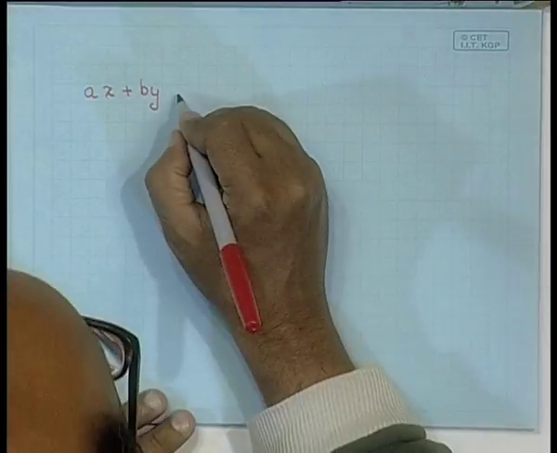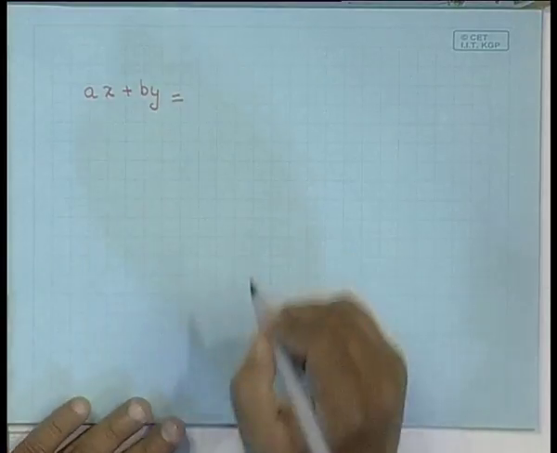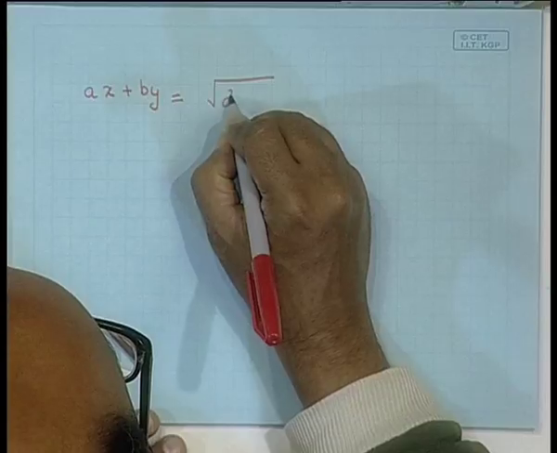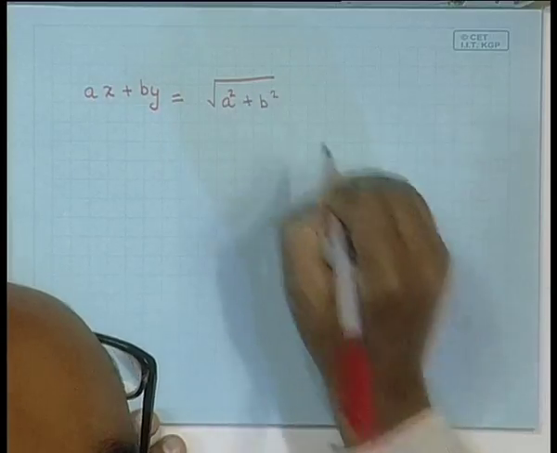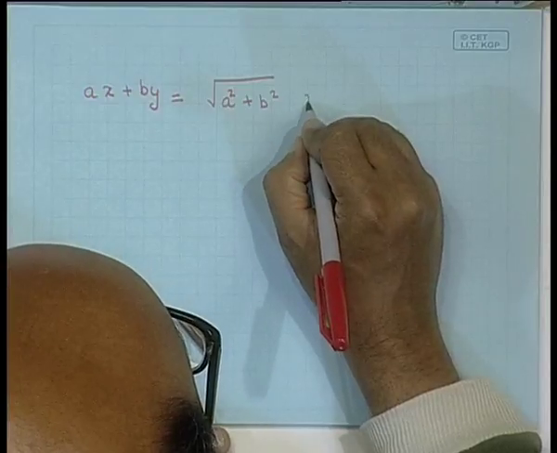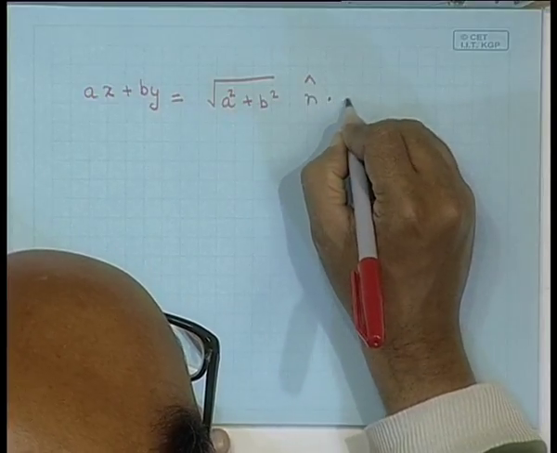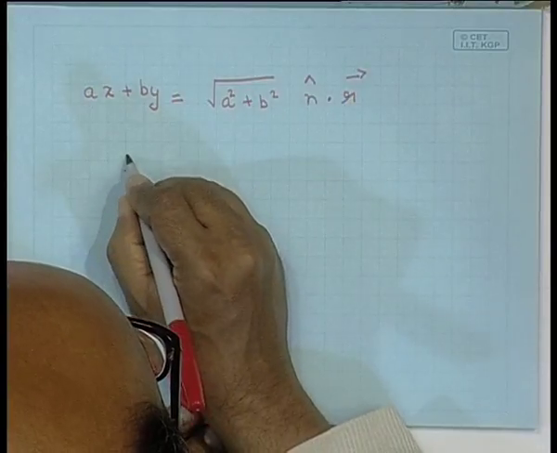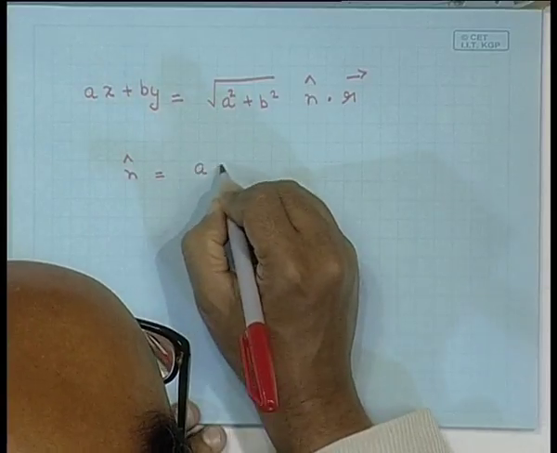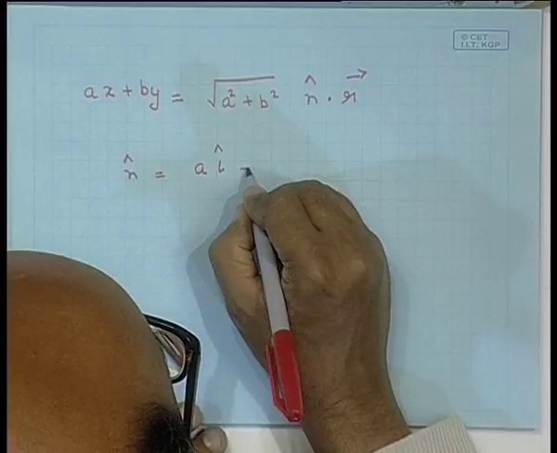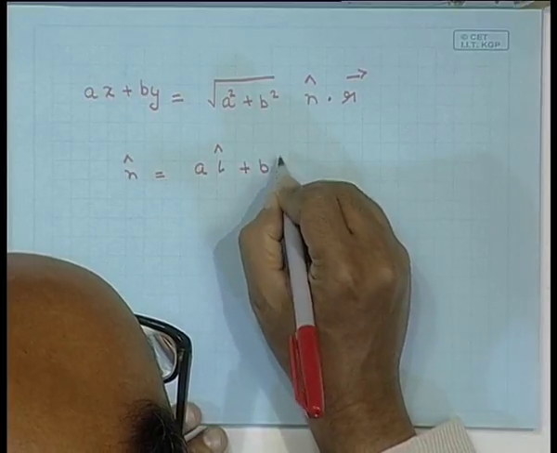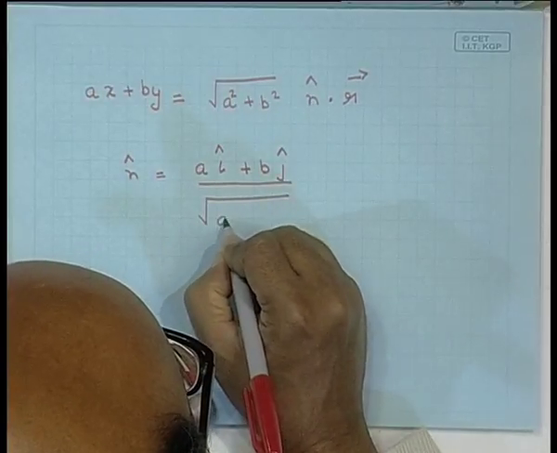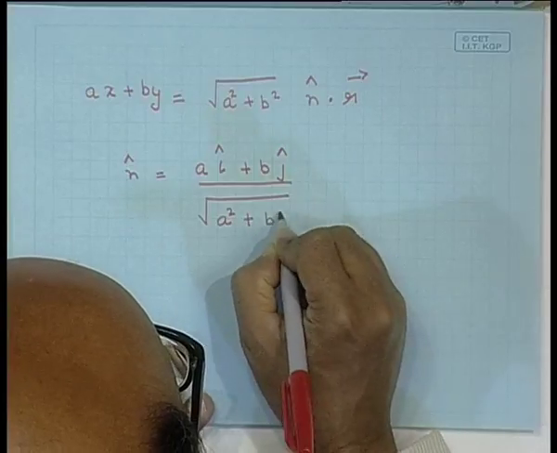So, we can write this as the square root of a square plus b square into the unit vector n dot r, where n, the unit vector n, is a into the unit vector i along the x axis plus b into the unit vector j along the y axis divided by the square root of a square plus b square.